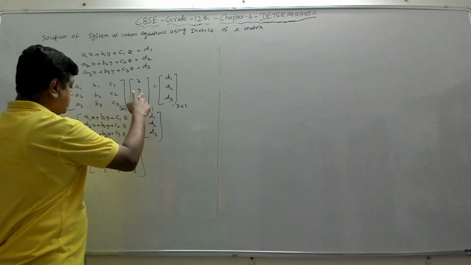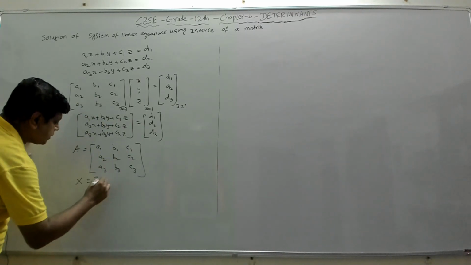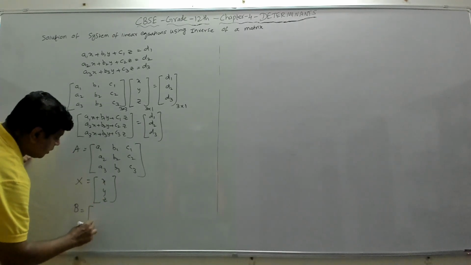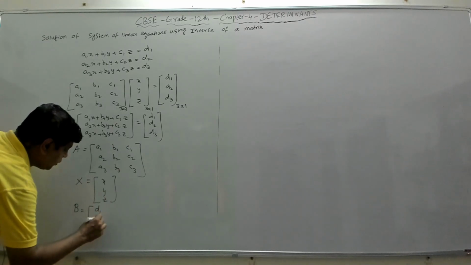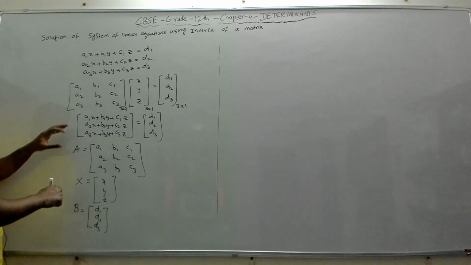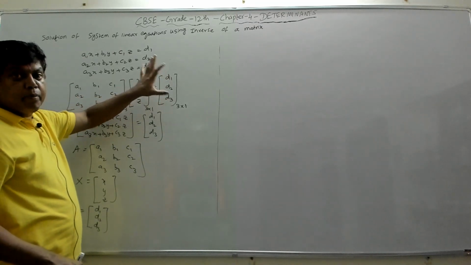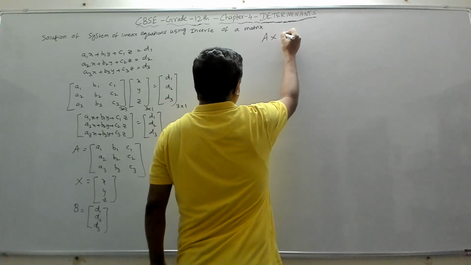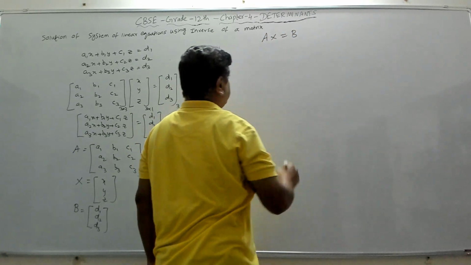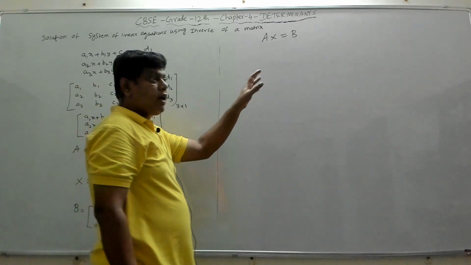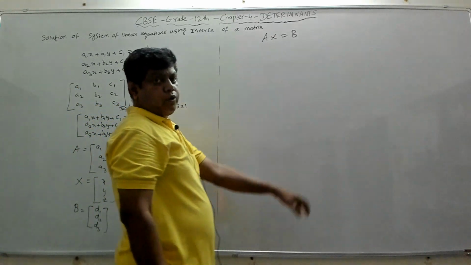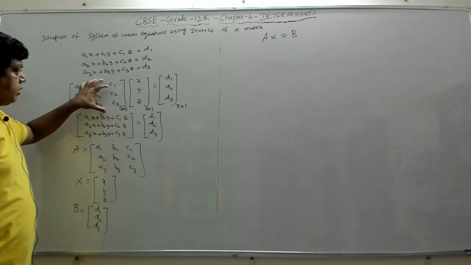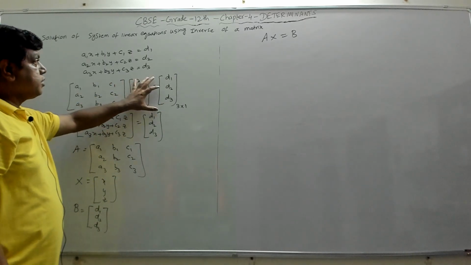And if I call this matrix capital X, which is x, y, z, and the right hand side matrix d1, d2, d3 as B matrix, then this will become AX equal to B. It will become a matrix equation where A matrix into X matrix is equal to B matrix. A into X equal to B. So this is written in this form.